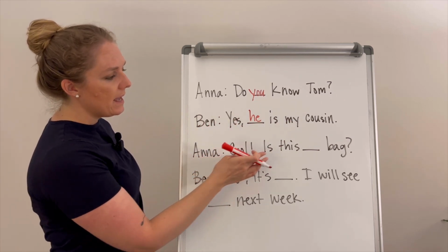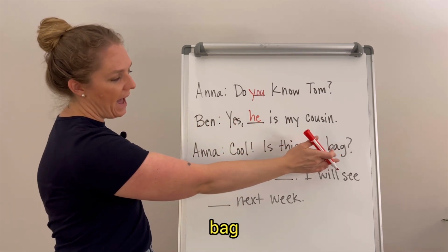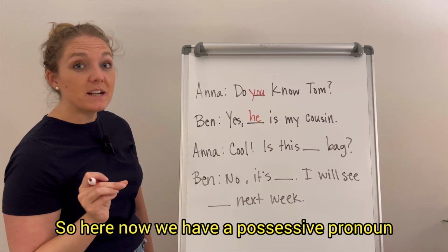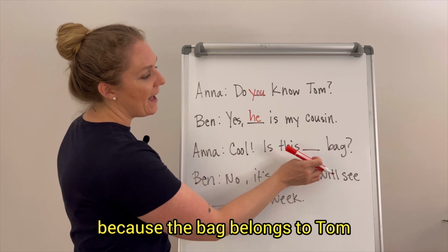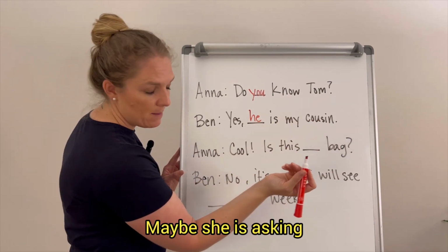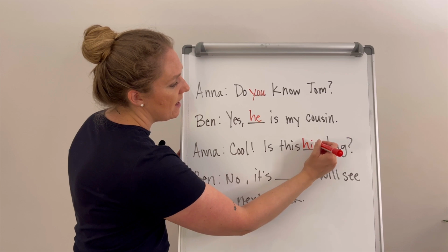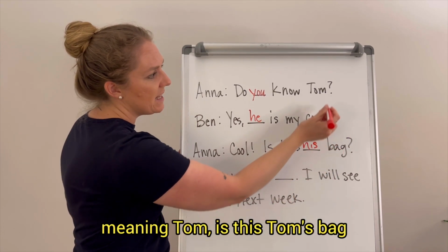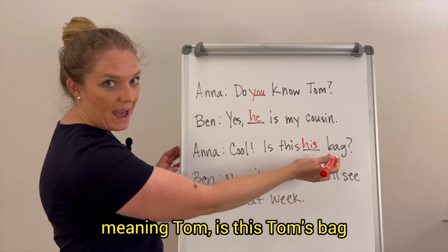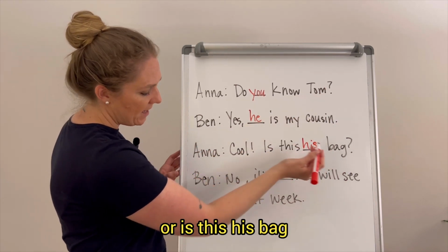Anna, cool. Is this his bag? So here now we have a possessive pronoun because the bag belongs to Tom. Maybe she is asking, is this his bag? His, meaning Tom, is this Tom's bag or is this his bag?